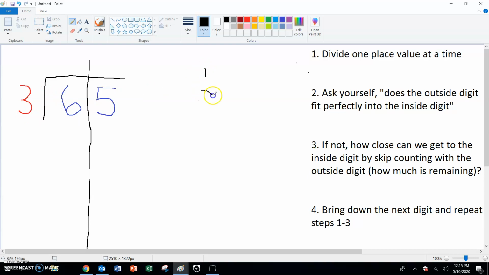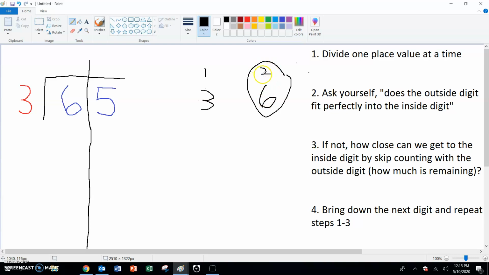One group of 3 gives us 3. 2 groups of 3 gives us 6. So by skip counting with 3, we see that we can reach 6. In other words, 3 fits into 6. It takes 2 groups of 3 to get to 6.